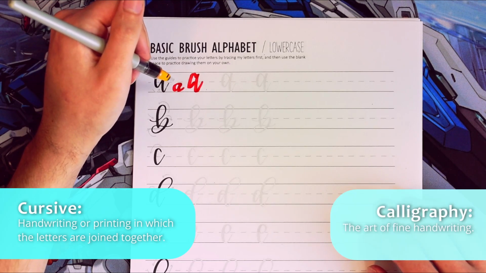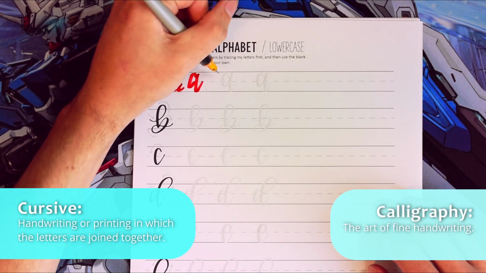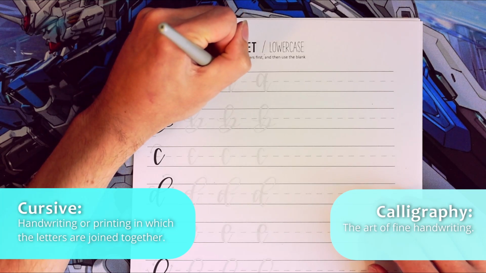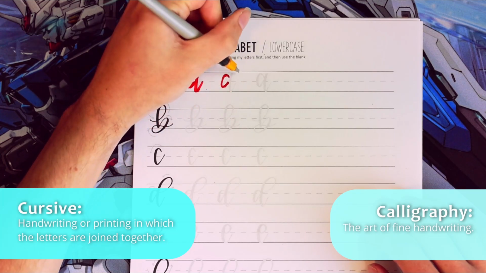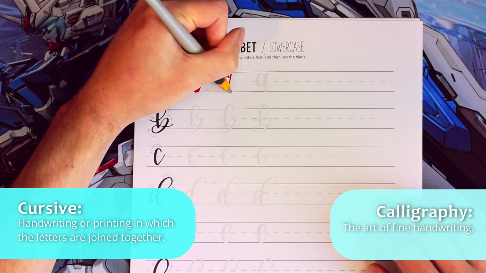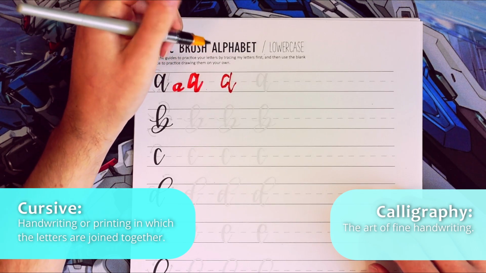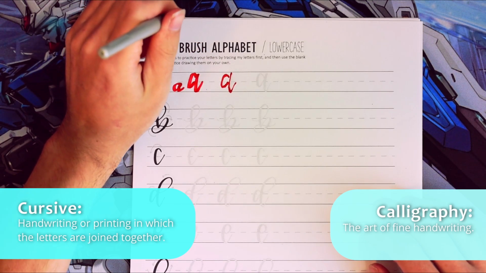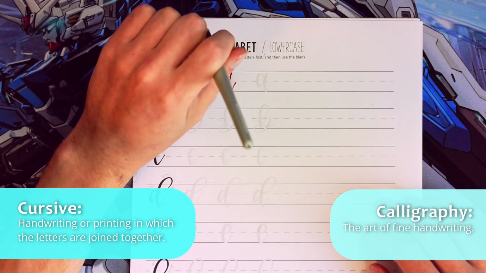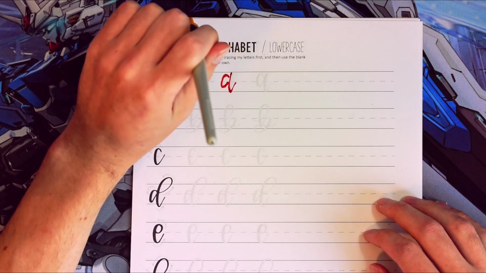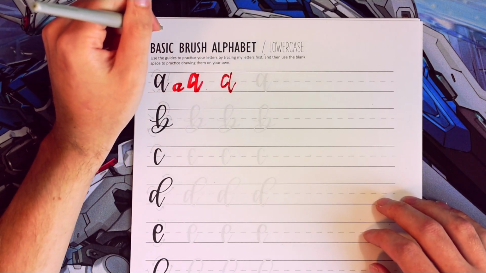Calligraphy, on the other hand, is considered the art of fine handwriting. Another way it's been put is by looking at Merriam-Webster dictionary. It describes it as an artistic, stylized, or elegant handwriting or lettering, or the art of producing such writing.